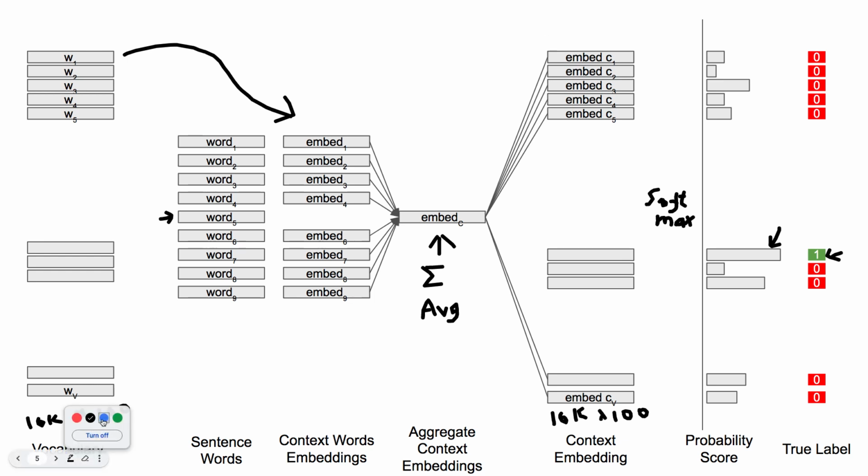So you have an update to all the vector representations based on your back propagation delta. Now you back propagate further, you have an update to the aggregate context embedding.